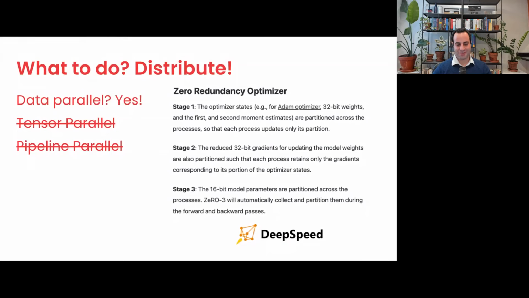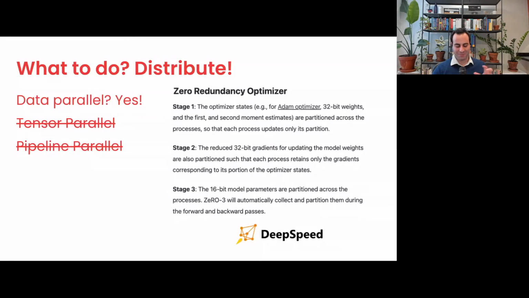And then the third stage is that even the model parameters are partitioned around the network. This gets a little tricky, but the idea is that if I'm using a layer of the network, every GPU has to have that layer, otherwise it can't compute the forward pass. But once I'm done with that layer, I can shard it. I can divide it into 64 pieces and keep one piece on each GPU.